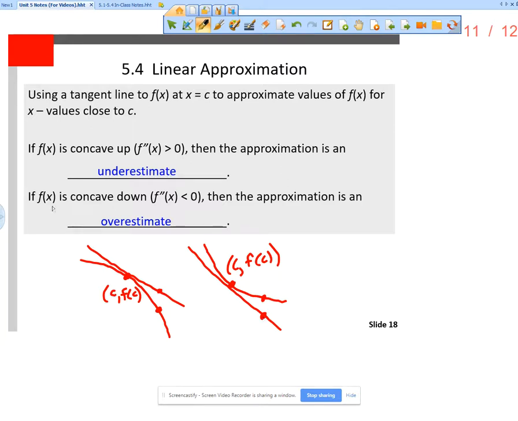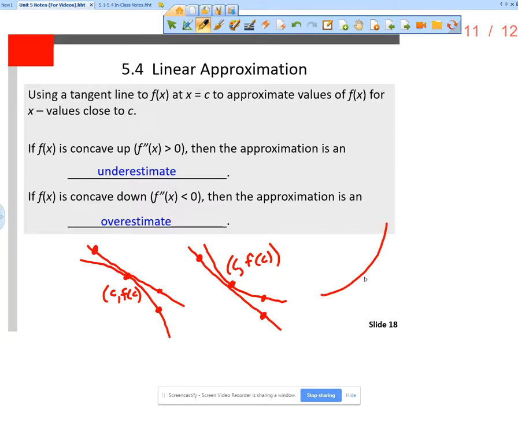If f is concave down, then f double prime is negative, which means that the approximation is an overestimate. This tangent line is above, no matter which way we go. If we go to the left of c, the tangent line is above, or if we go to the right of c here, the tangent line is below. Now remember, these were for decreasing functions. What if the function is increasing?